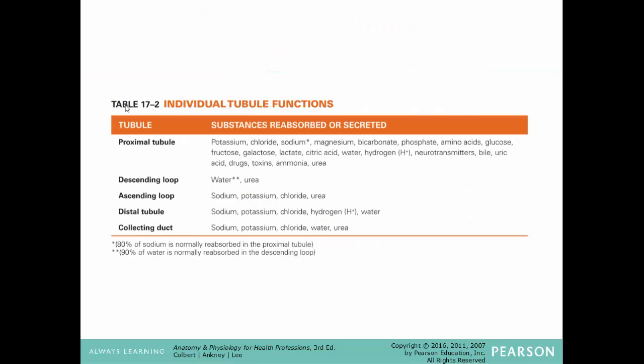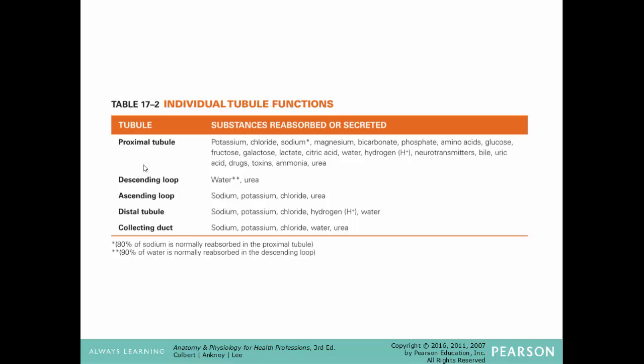Here's a good table on individual tubule functions. On this side, we have the actual portion of the tubule, and what can be reabsorbed or secreted. See the proximal tubule. Now, a very long list. Most of the material that gets filtered in the glomerulus, about 70% of that will get reabsorbed in the proximal convoluted tubule.